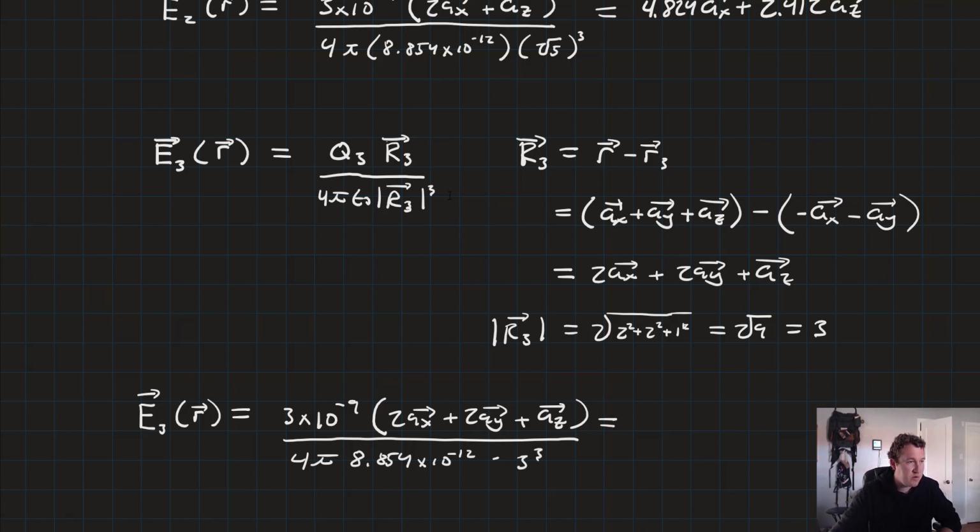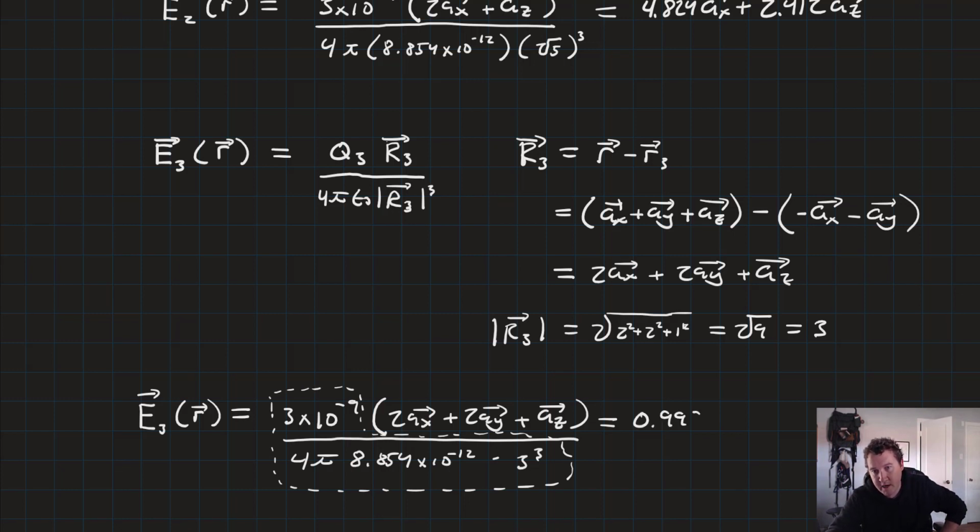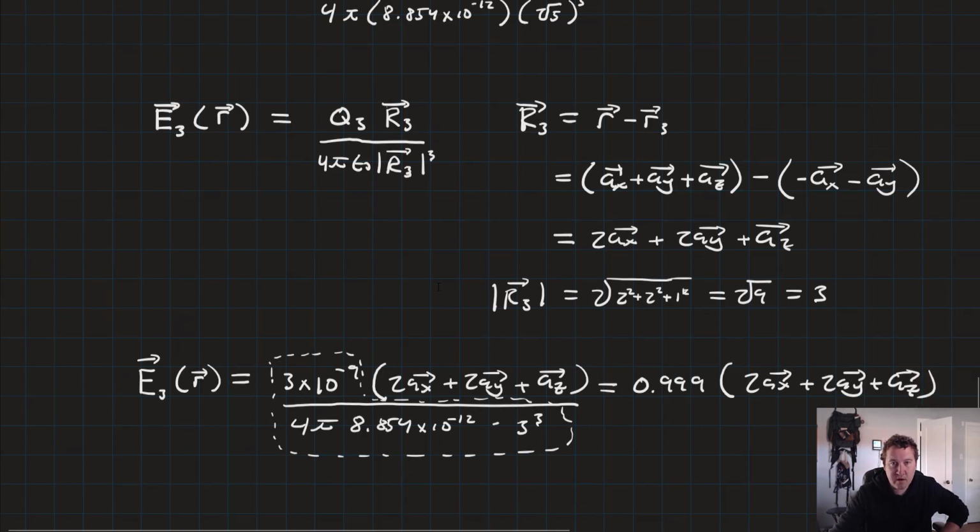And when we punch that into the calculator, all of this business is actually just equal to 0.999 times 2ax plus 2ay plus az. So we're just going to go ahead and treat that as 1.